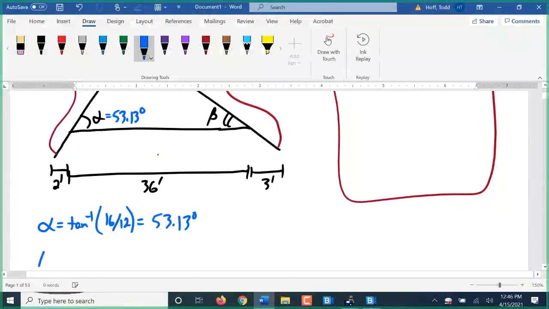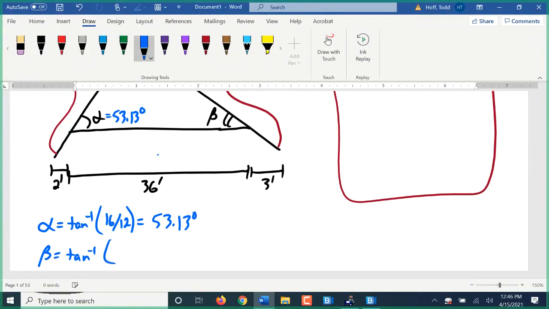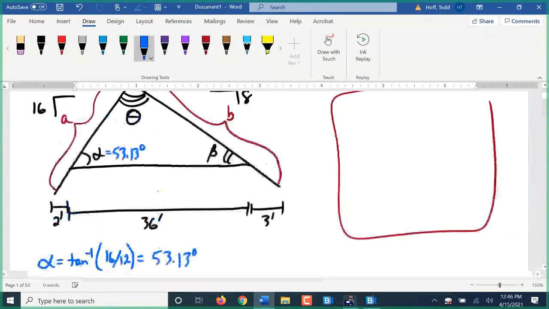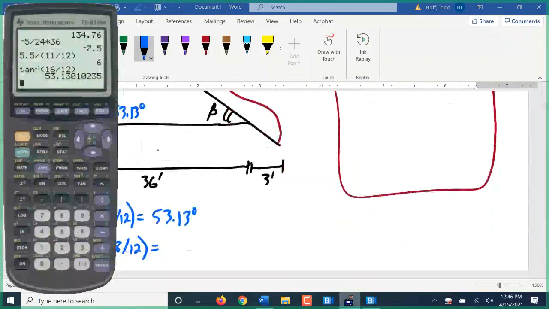Theta is also a heel angle. So it's going to be the inverse tangent of that slope, which is 8/12, so inverse tangent of 8/12 gives us that beta is 33.69 degrees.